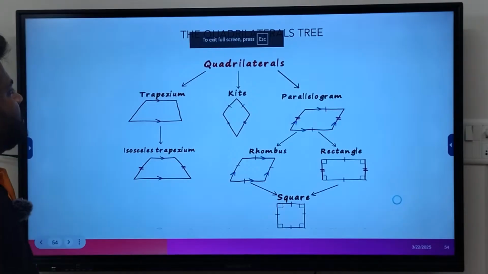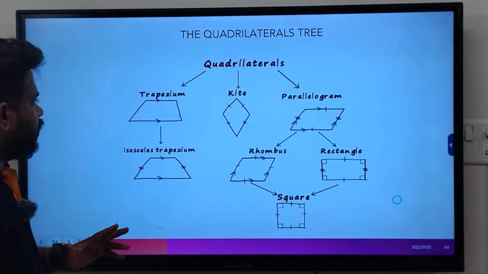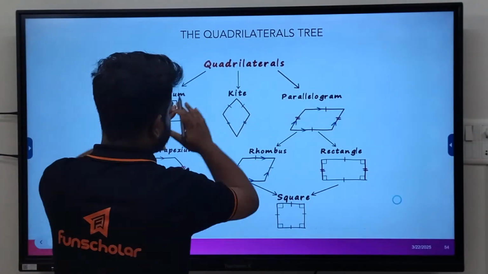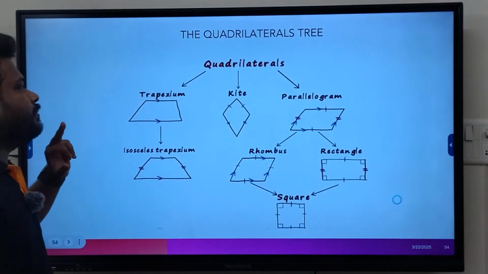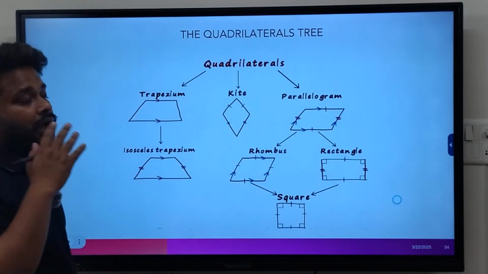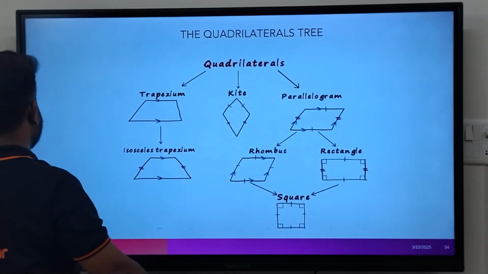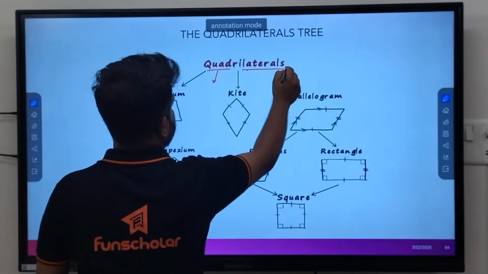Okay, next. So this is the quadrilateral tree, how this looks. Quadrilaterals: trapezium, kite and parallelogram, these are all different types of quadrilateral. Quadrilateral means 4 sides.